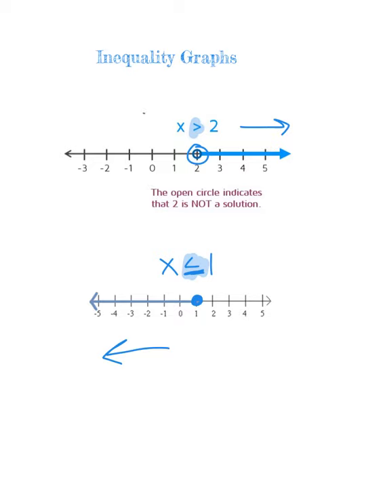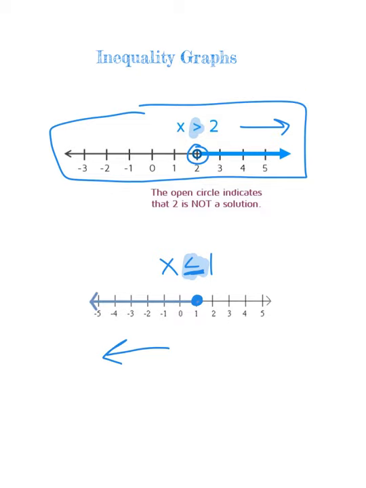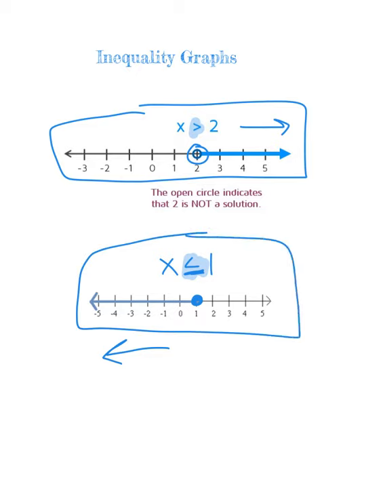So in this example up here, x does not include 2, so it's an open circle on 2, pointing to the bigger numbers because it could be anything bigger than 2, but it can't include 2. But then on this bottom one, x is less than or equal to 1, meaning it could include 1, so it's a closed circle on 1, and then points to anything less than 1 because x could also be anything less than 1.